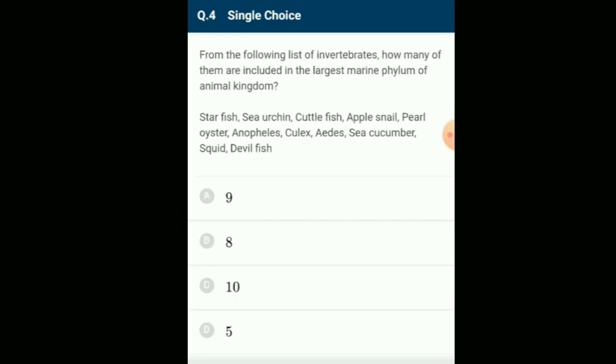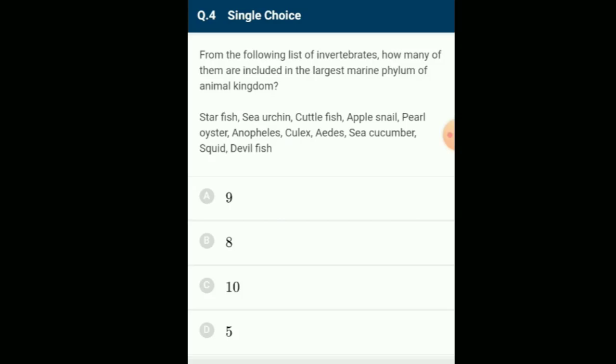Question number 4. From the following list of invertebrates, how many of them are included in the largest marine phylum of animal kingdom? So here several species are given. From that, the second largest phylum is phylum Mollusca. It is also the largest marine phylum. Apple snail, pearl oyster, cuttlefish, squid, and devilfish belong to phylum Mollusca.